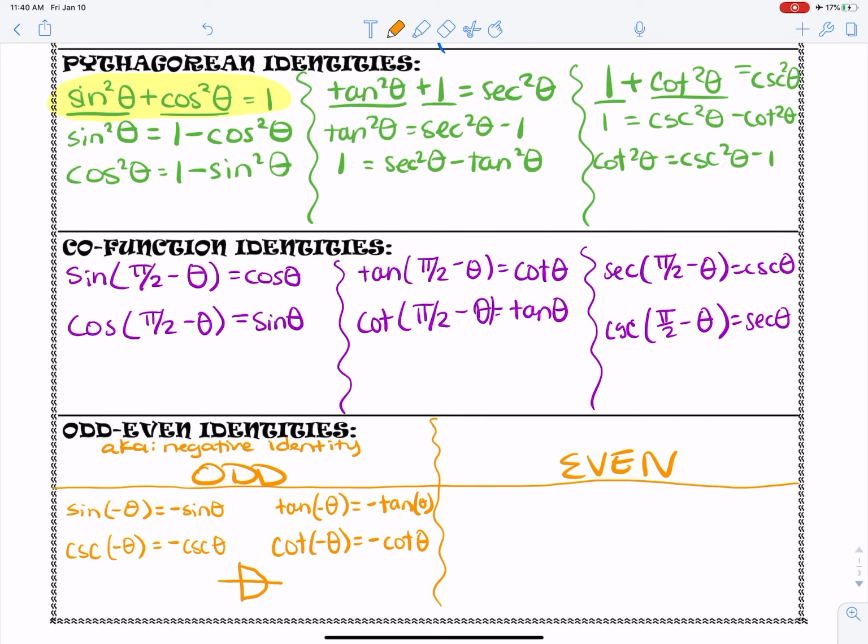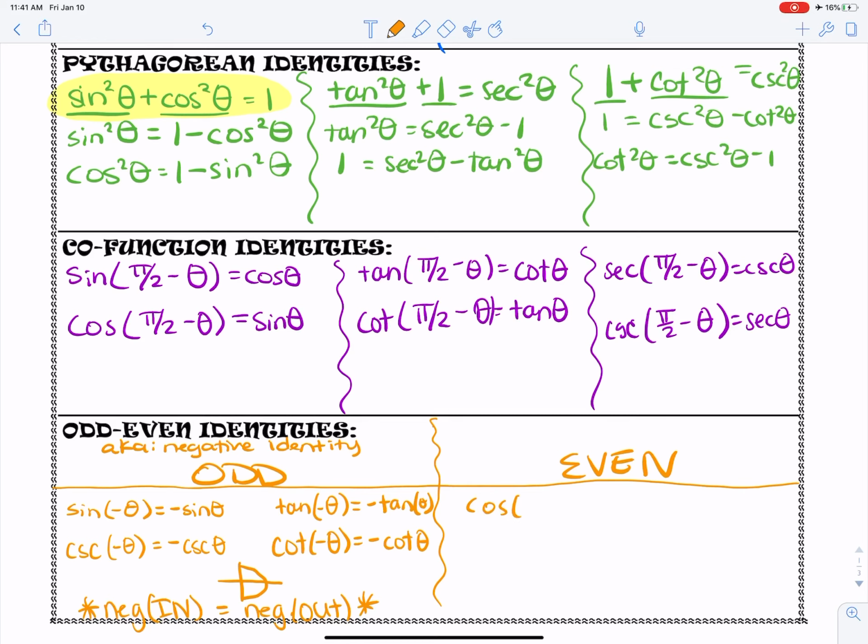So sine and tangent go together because they have the same range when you do inverse. Also, another way I think of it is the negative in the parentheses equals the same thing as the negative out. And that is odd.